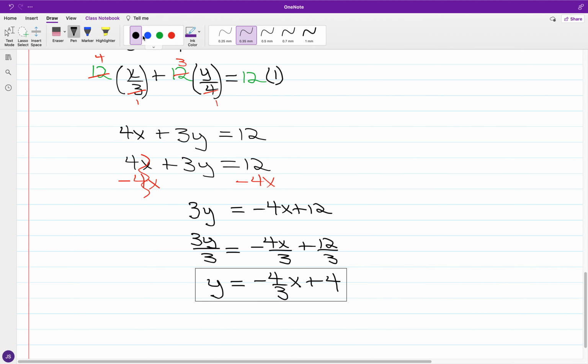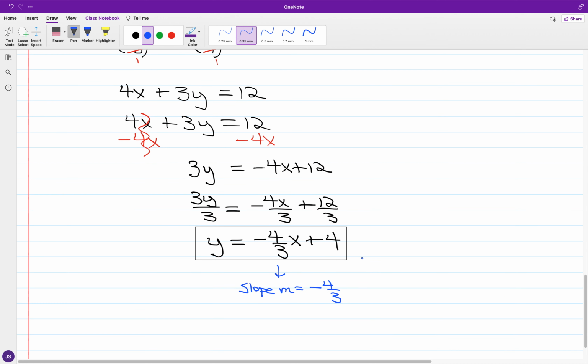So we have the slope at negative 4 thirds. If I maintain the motion going from left to right, this negative will be in the case of minus 4, so you have a pattern of going down 4 units.